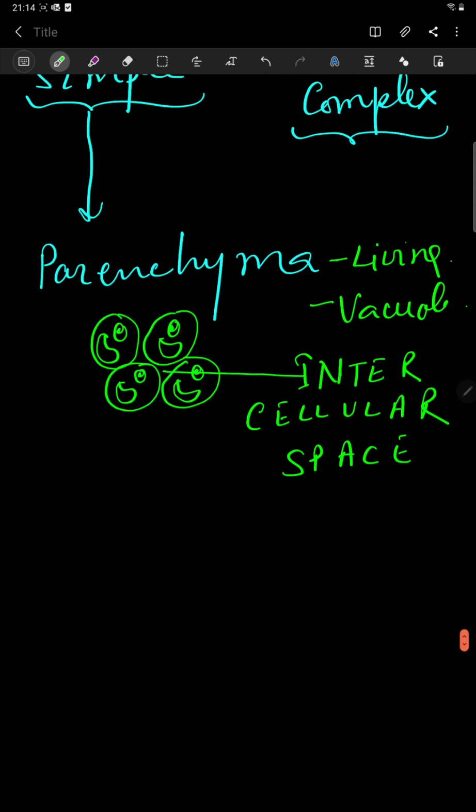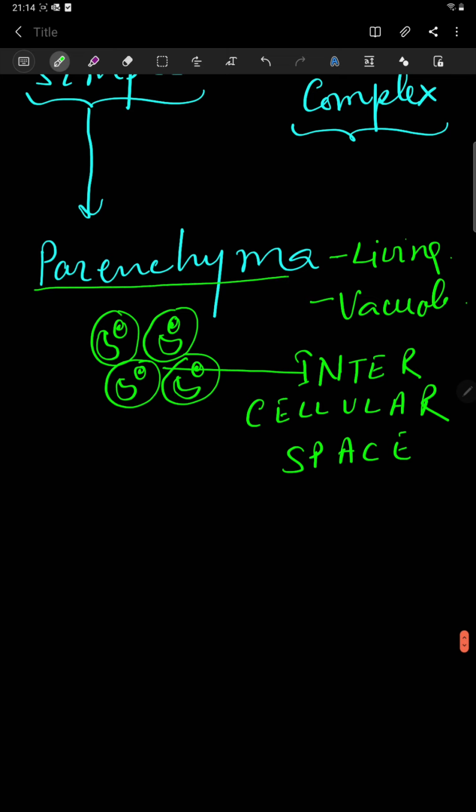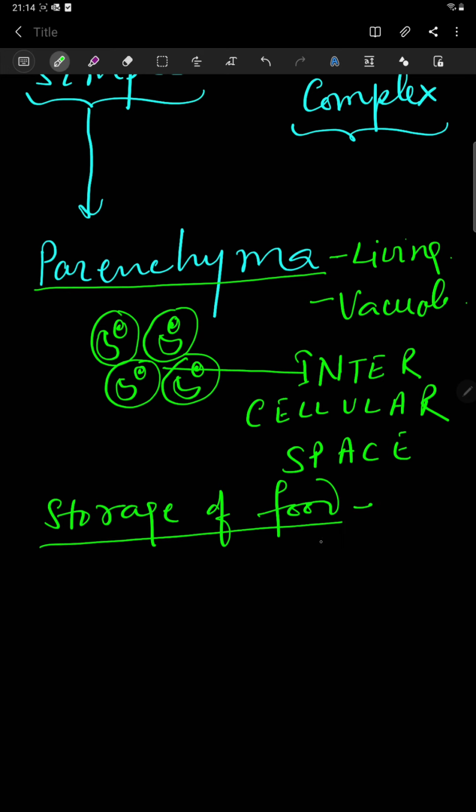The main function of this parenchyma is storage of food, like it is there in the potato or whatever the thing which is edible for you. In the peanut it is there in the seed, you eat it. In the sugarcane it is there in the stem. And this parenchyma sometimes provides temporary support also.